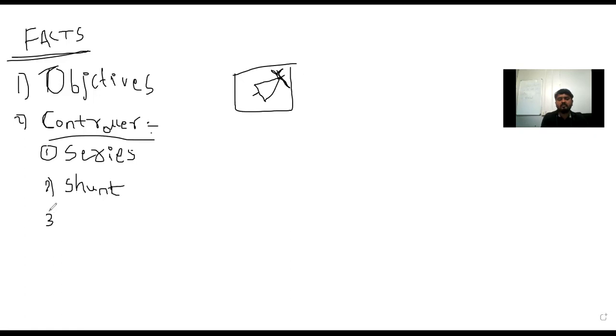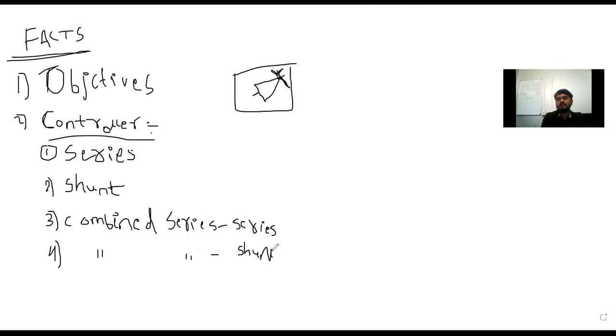And the third one, combined series controllers. The fourth one is called combined series-shunt controller.